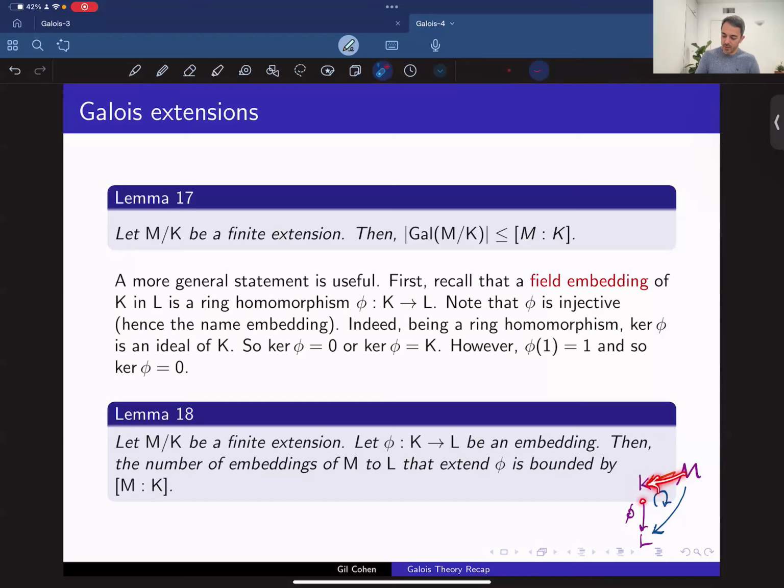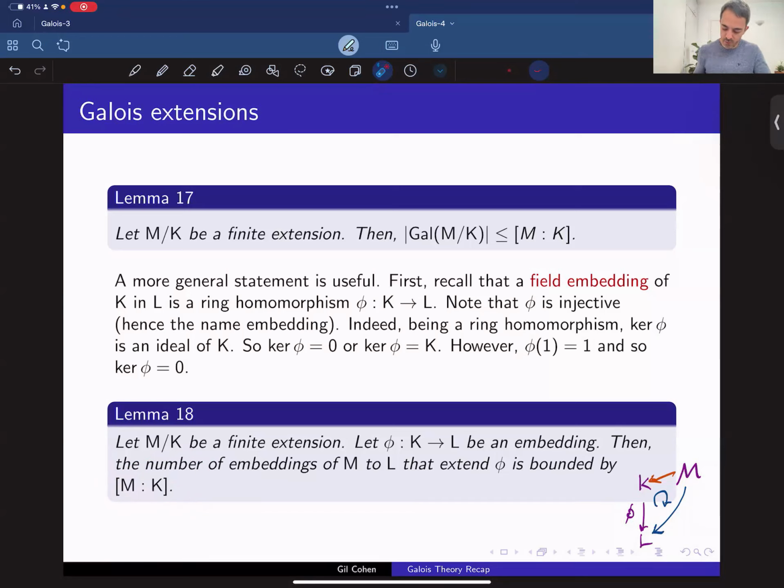So doing this or doing that is the same. But really the way you should think about it is in how many ways you can extend phi from K to M, getting at the end, not just a map, but an embedding, of course. And the answer is that the bound is at most the index of K and M, independent of L.